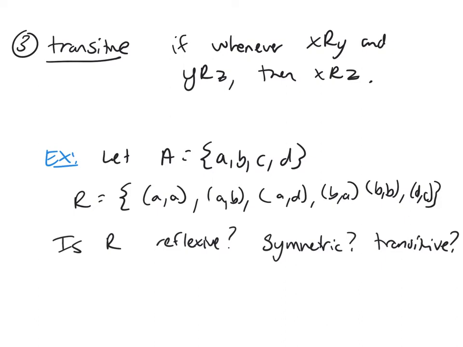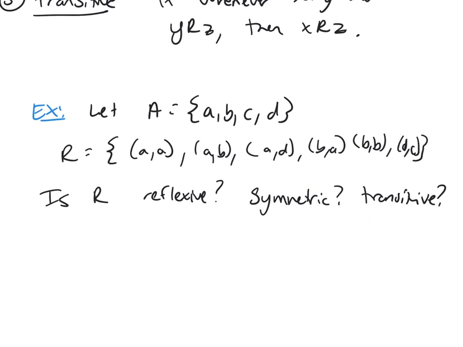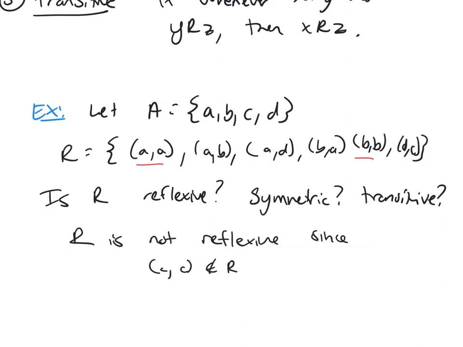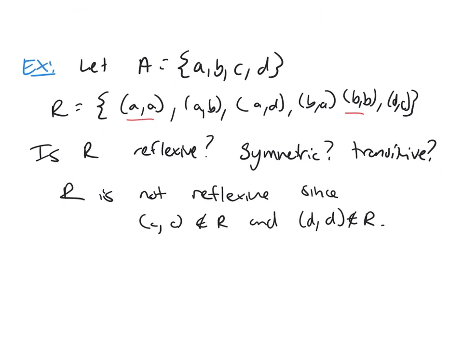So let's start with reflexive. Is this relation reflexive? If you look through, you'll see (a,a) is in your relation and (b,b) is, but (c,c) and (d,d) are missing. So the answer is R is not reflexive since (c,c) is not in R and (d,d) is not in R. Now the question is, is R symmetric?